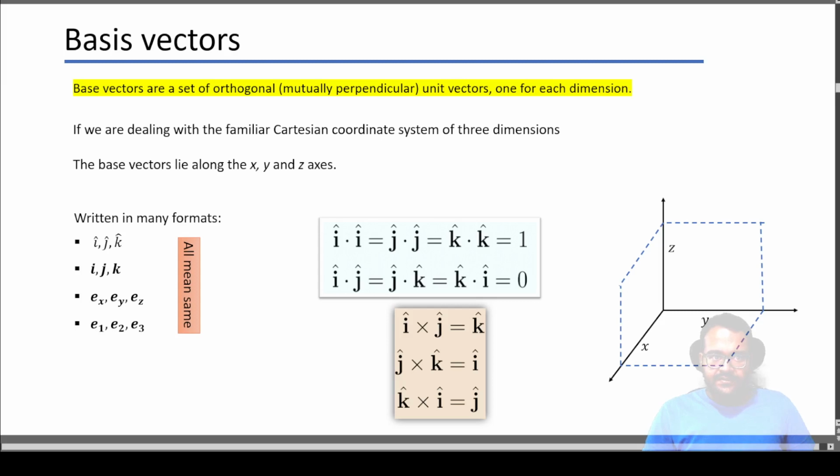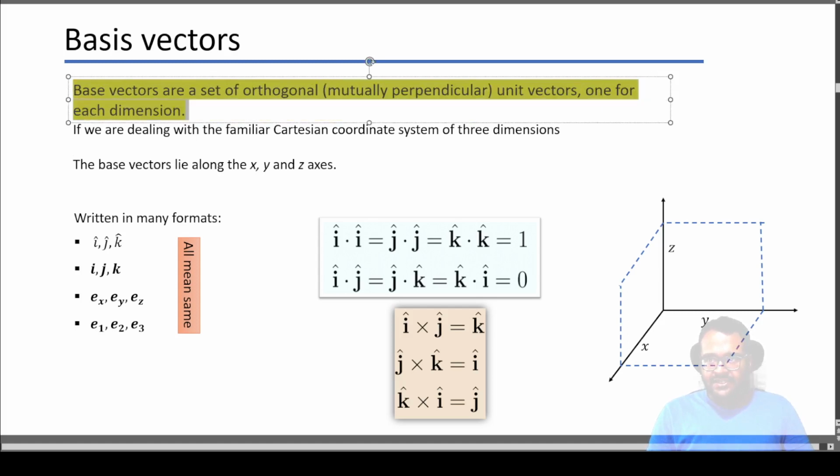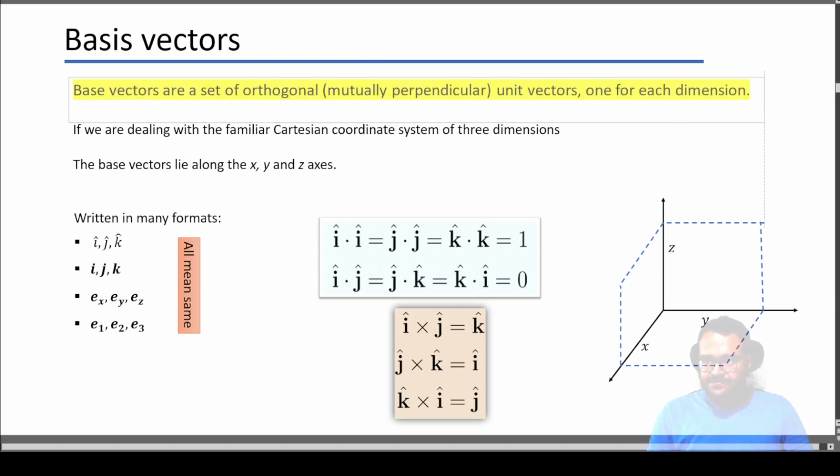Okay, now the basis vectors. What are the basis vectors? Basis vectors are a set of orthogonal, which for now should mean mutually perpendicular, unit vectors, one for each dimension: x, y, z. These are called dimensions.